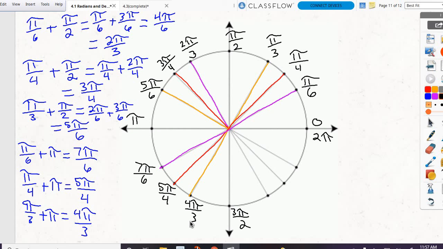And then on our last quadrant, again, we could either take our first three and add 3 pi over 2, or we could take our second quadrant ones and add pi.